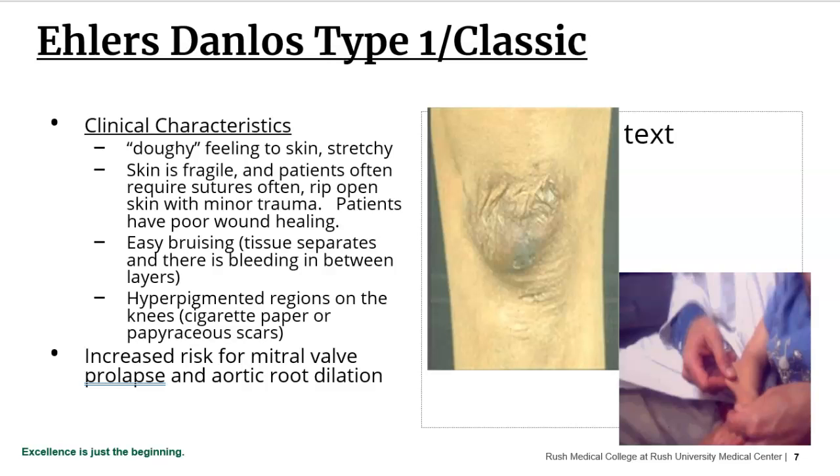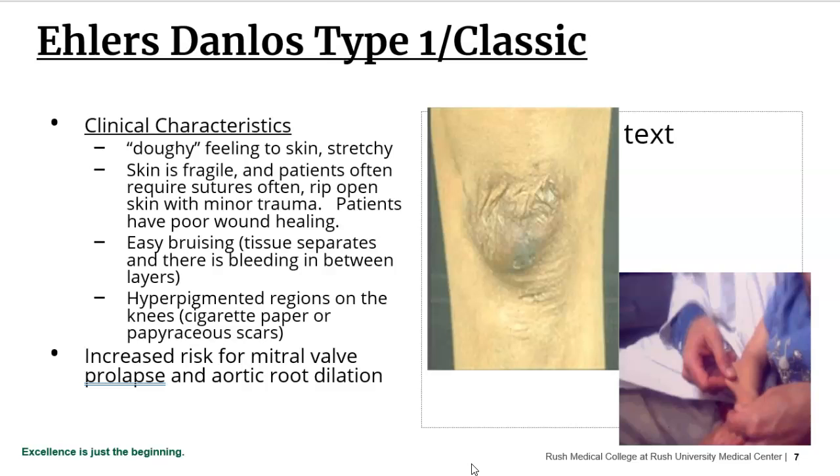So the first one I want to talk about is Ehlers-Danlos type 1 or classic Ehlers-Danlos syndrome. One of the key features is a doughy feeling to the skin and it being super flexible. When you feel the skin of a patient with classic Ehlers-Danlos syndrome, it's very doughy, and you can see how stretchable it is.